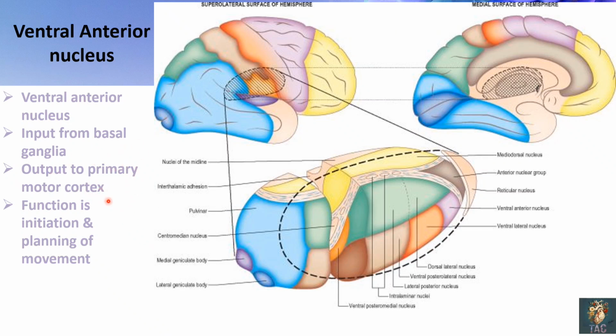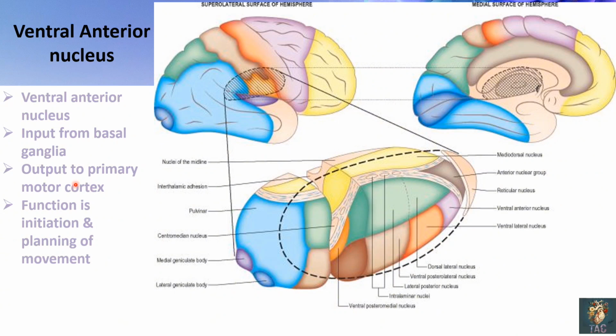In this area you can see the ventral anterior nuclear group, which is taking information from the basal ganglia, the globus pallidus, all those areas related with the basal ganglia, and the information goes to the motor area. The main important function of this area is initiation and planning of the movement.